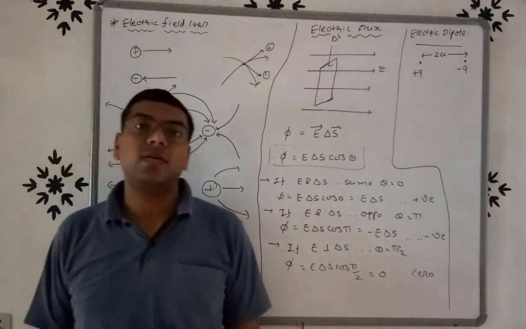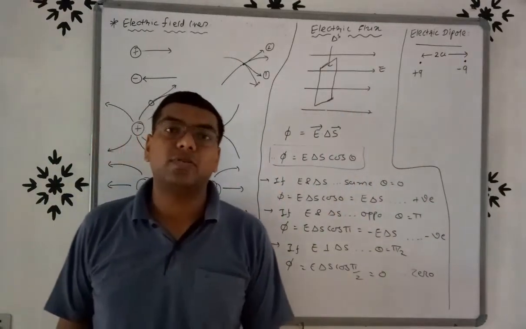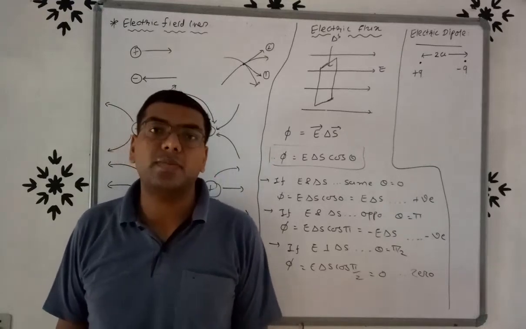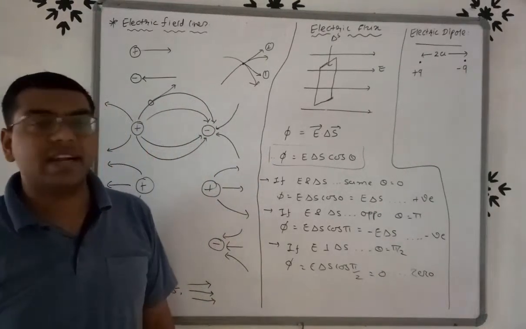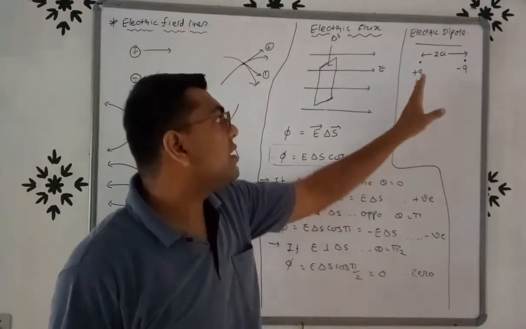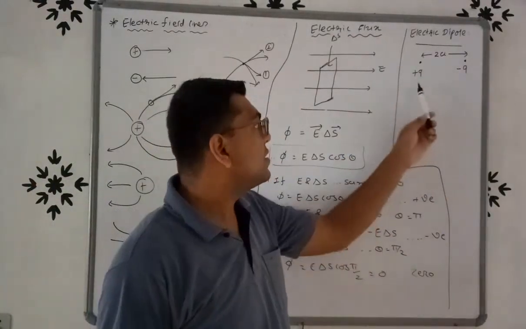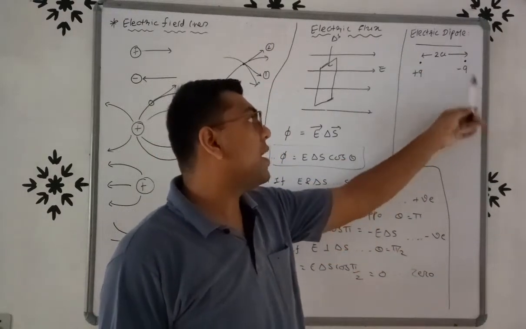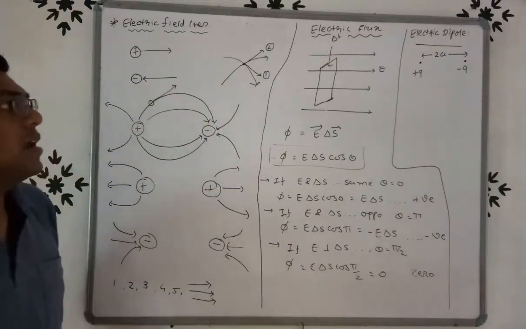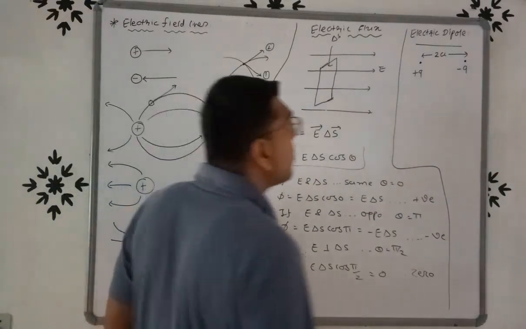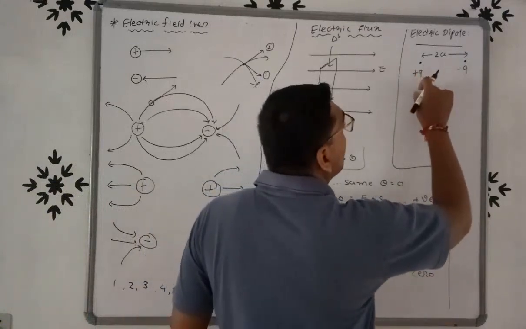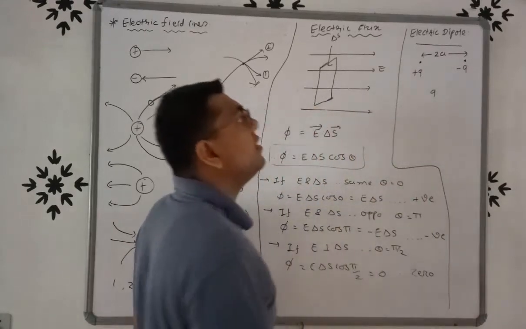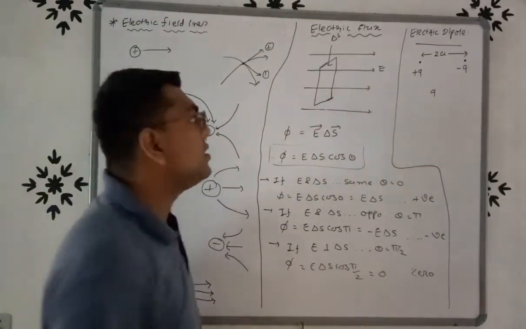So again I repeat, what is electric dipole? Electric dipole is a system of equal and opposite charges at a finite distance. As shown in the figure, here there are equal and opposite charges plus Q and minus Q, and the distance between them is 2a, right? Now here the charge is Q and the distance between the charges is 2a.